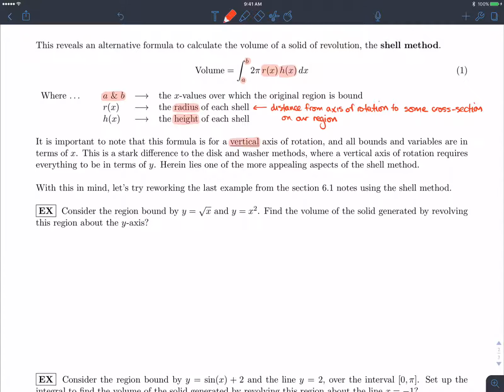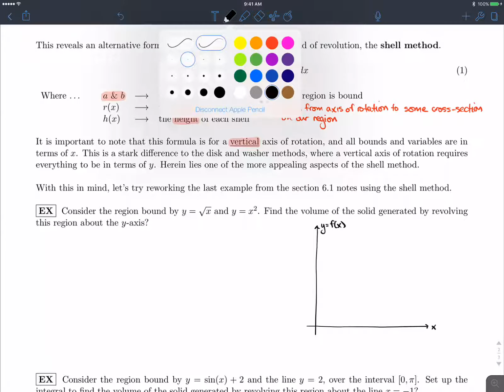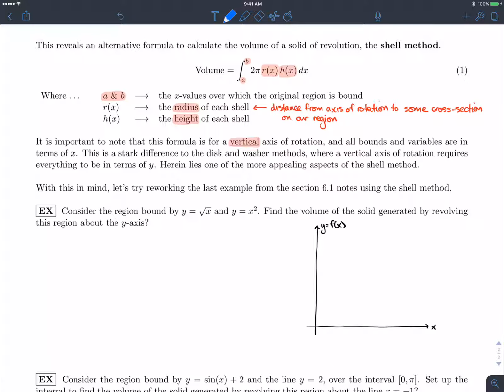So real quickly, let's visualize that region again. We had our first quadrant here, and y was equal to f of x. You might want to bring up your notes if you don't have them out already for this example, so we can do a compare and contrast between these two setups.